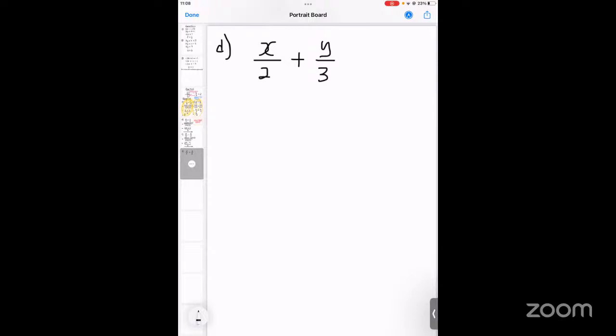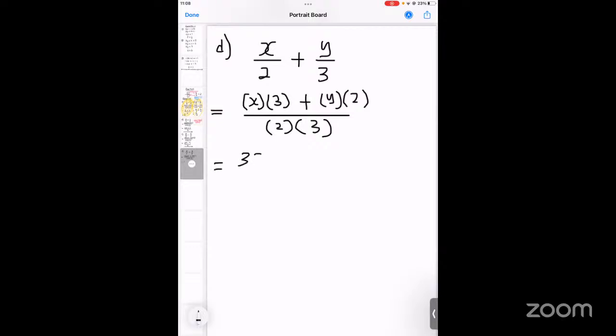Yes, sir. Okay, so now we start with that fraction line. We say 2 multiplies that, and then we cross multiply. We already have x, that's why we start with it. This is crossing, and then plus, we already have y, and then this is now cross multiplying.